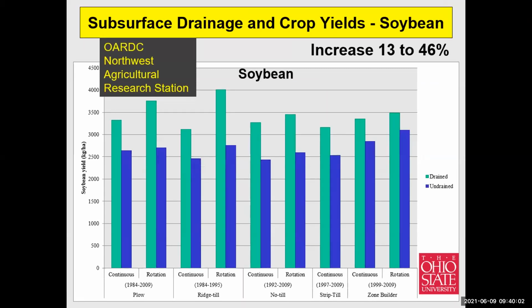Soybean, similar trends. Maybe some years are better. You note that big rotation yield increase for the continuous plow condition and for the ridge till condition, which we don't do much anymore.